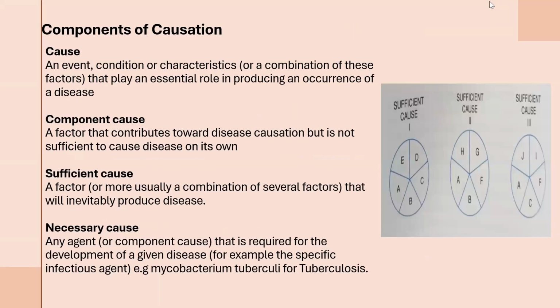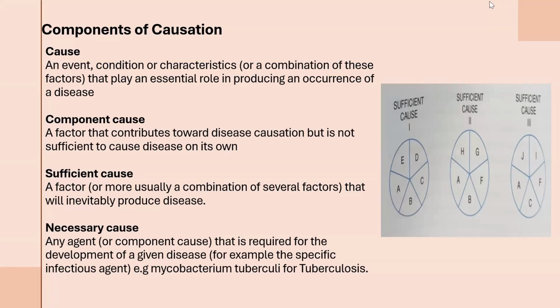Okay. So let's look at components of causation. Let's have a very good definition of cause. So according to a book called Essential Epidemiology by Webb and Bain, it defined a cause as an event, condition, or characteristic, or a combination of these factors that play an essential role in producing an occurrence of disease. So we're not limiting a cause to an organism, for example, when you talk about infectious diseases.